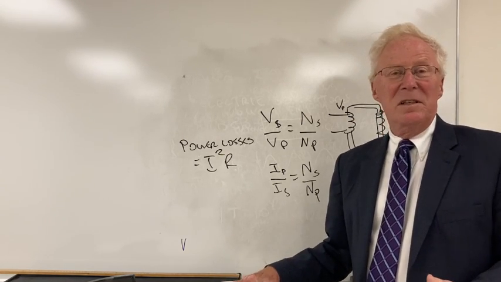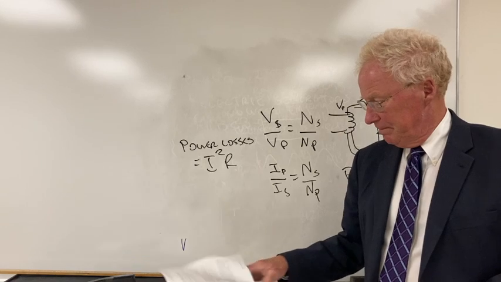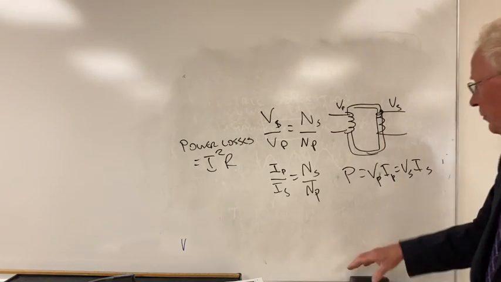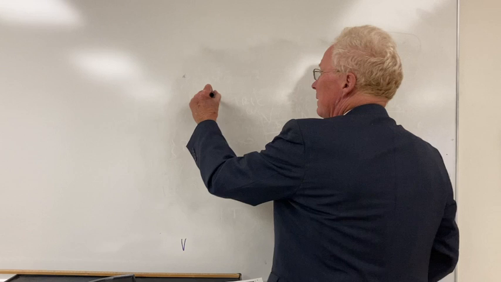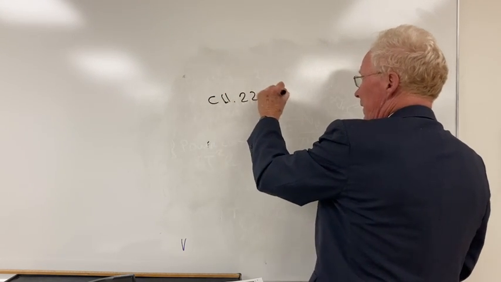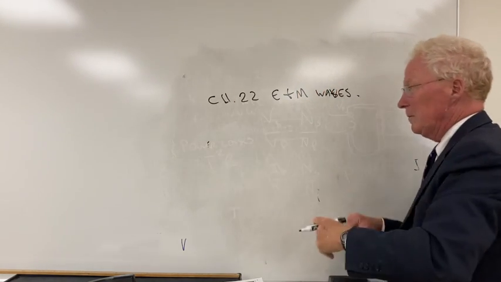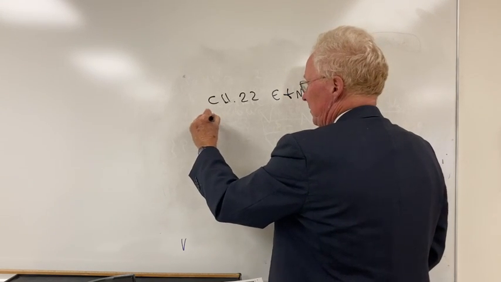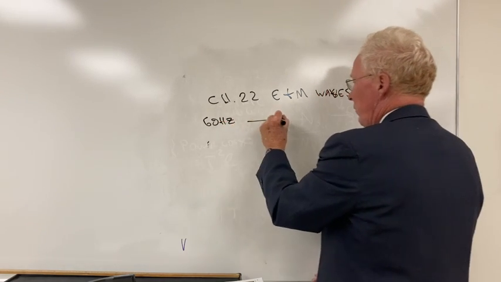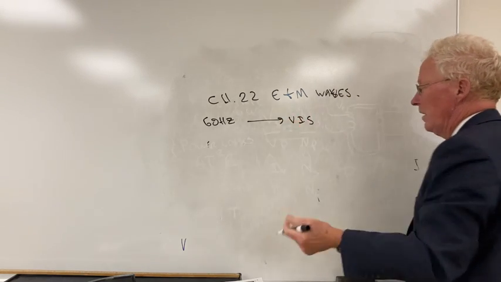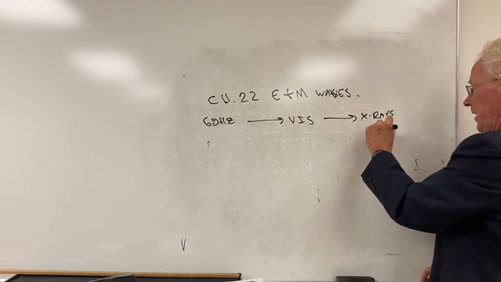The video on power is also part of it. So that's chapter 21, now chapter 22: EM waves, and the whole spectrum going from 60 hertz, which is electromagnetic power generation, all the way up to visible, which is light, all the way up to X-rays and gamma rays.